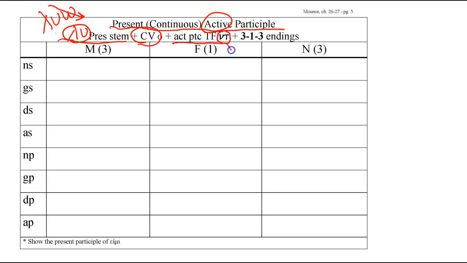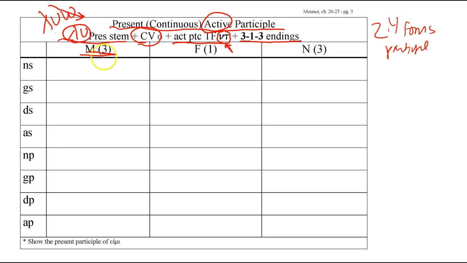This tells us that this is a participle. And then we use the 3-1-3 endings for the nouns, and that will give you the form. You have 24 possible forms for the participle, in the same way that in any 3-1-3 adjective or 2-1-2 adjective, you would have 24 forms.